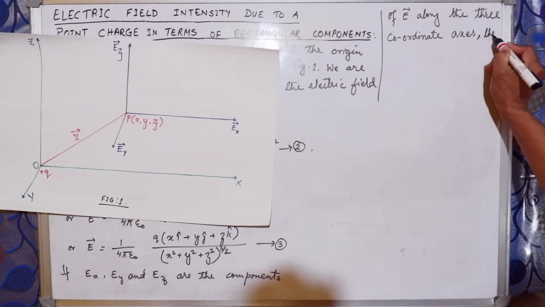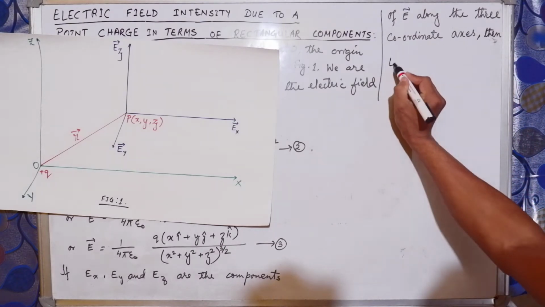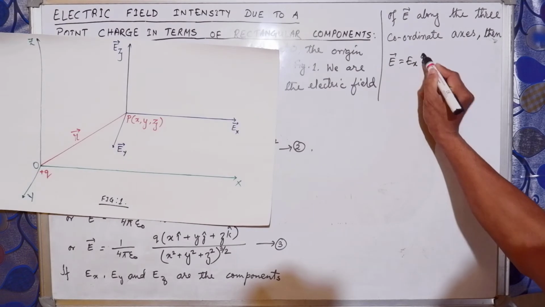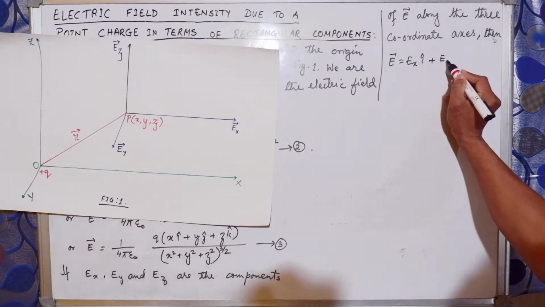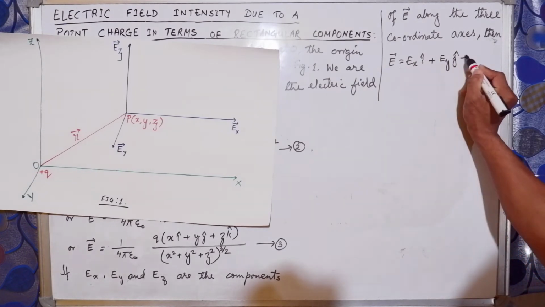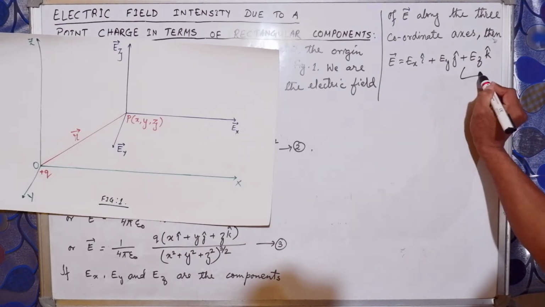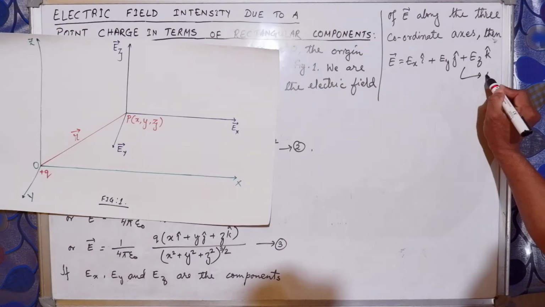Then we can write E equal to Ex i cap plus Ey j cap plus Ez k cap. Name this as equation number 4.